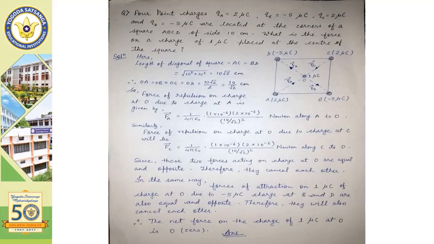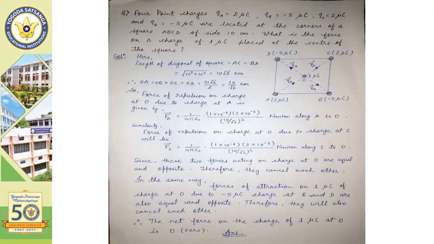For that, first I have calculated the length of the diagonals of the square, AC and BD, which equals under root 10 square plus 10 square from the Pythagoras theorem for a right angle triangle, and equals 10 under root 2 centimeter.